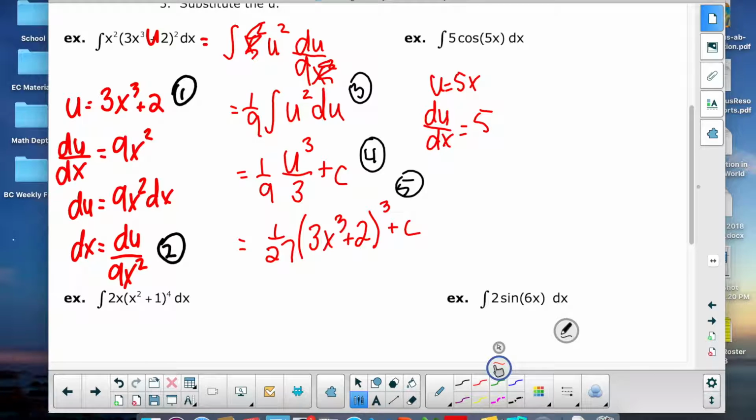Well, if you always take the derivative of u with respect to x, your dx is always going to be on the bottom, isn't it? So we're always going to be multiplying the dx. Okay. Get that?